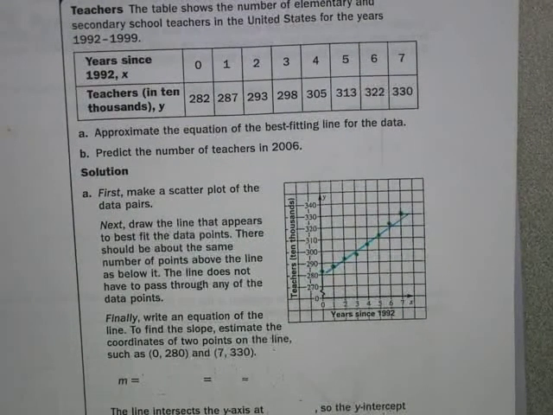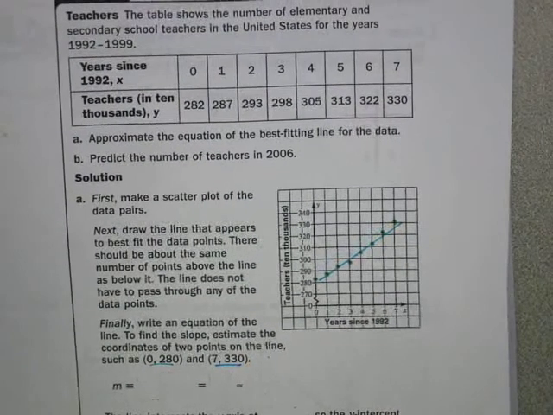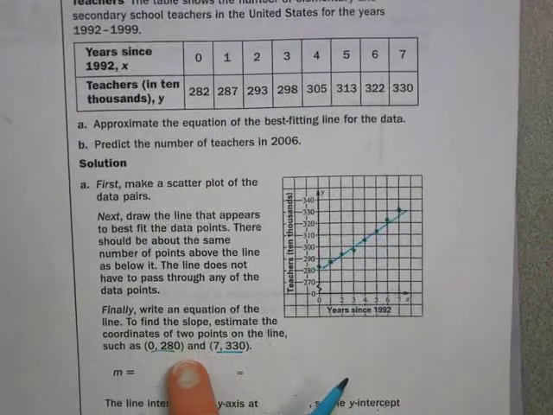We've drawn it in. And then it says to find the slope, we're going to find 2 points on the line. Now they've picked 2 for us, 0, 280, and 7, 330. It's not on my line perfectly. I'm going to use those 2 because those are the ones that they have for an example.